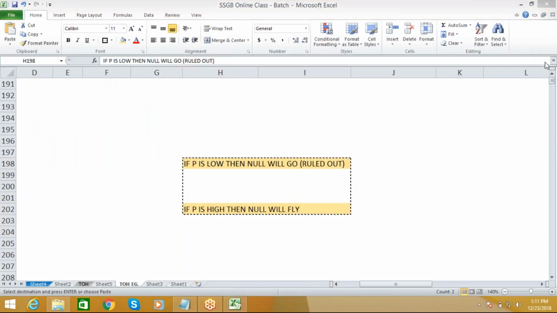Okay, Kavya, there is a way to do this test of hypothesis even in Excel. Unfortunately, I'm not using the latest version, but what you need to do is install the data analysis tool pack. Once you install it, you will find test of hypothesis there. It's very simple, Kavya.